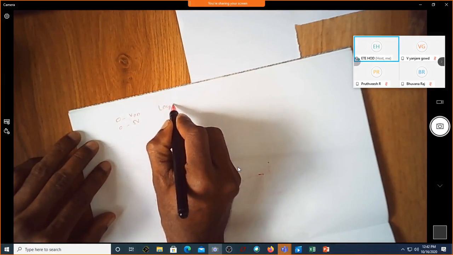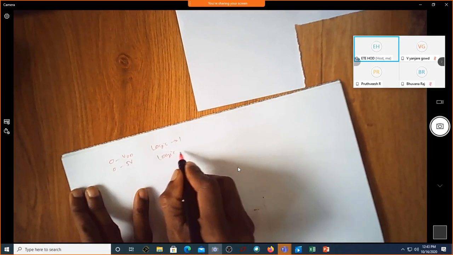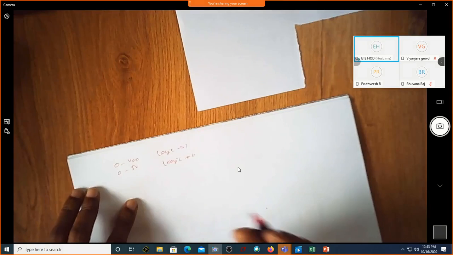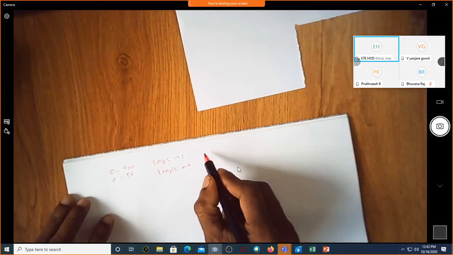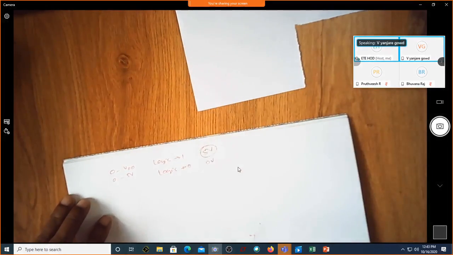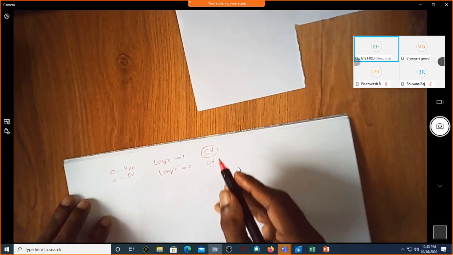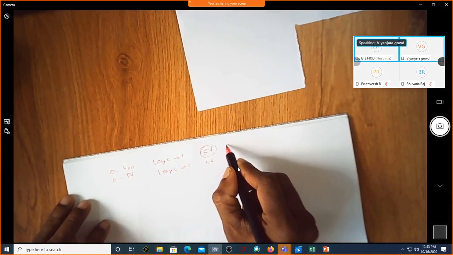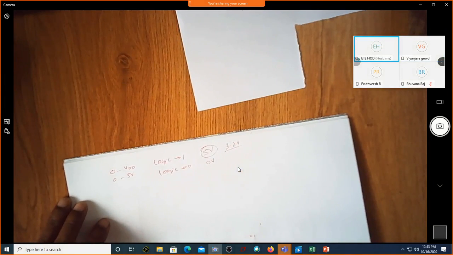What is logic 1, what is logic 0 in terms of voltage? Logic 1 is 5 volt, logic 0 is 0 volt. Till what voltage will you consider it as logic high? If the input voltage is 3.2 volt, will you consider it as high or low?